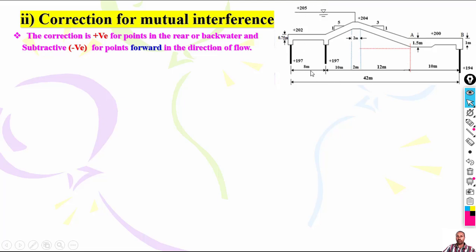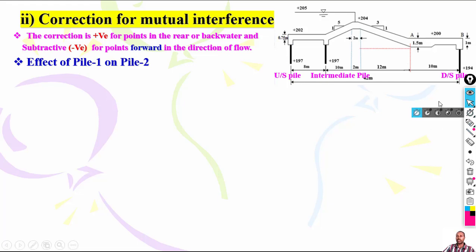This is the alignment of the sheet piles and also the glacis weir, with the upstream pile, the intermediate pile here, and the downstream pile. So, the effect of pile 1 on pile 2. You see, the direction of flow is like this, from this to this direction. Clear?